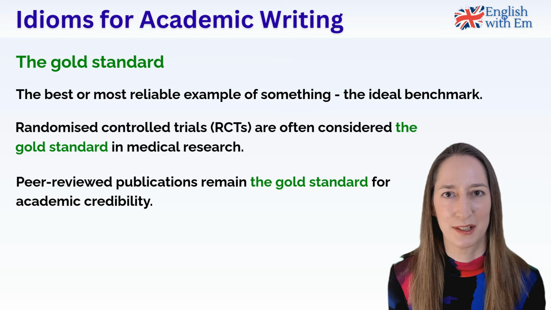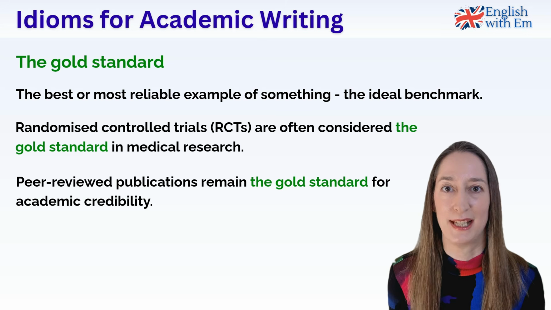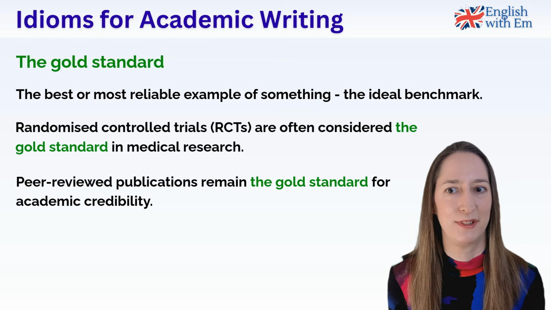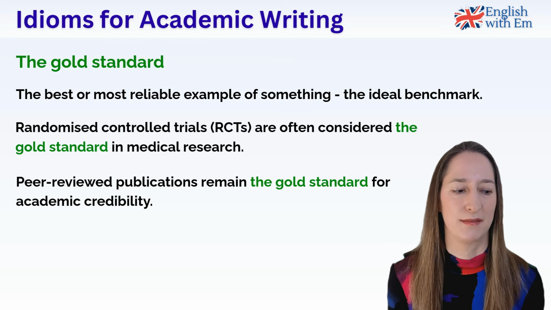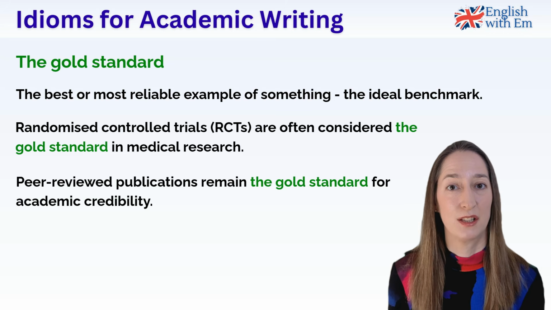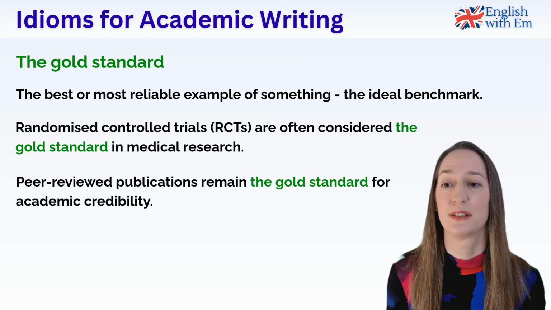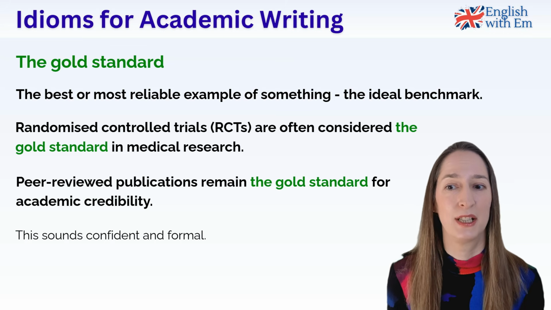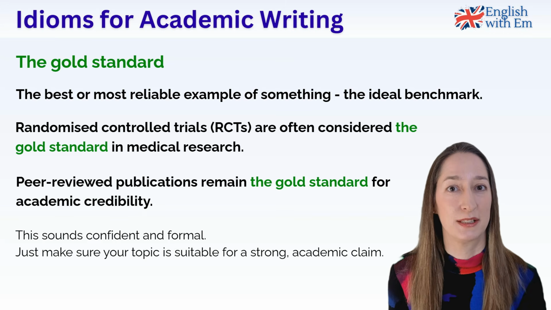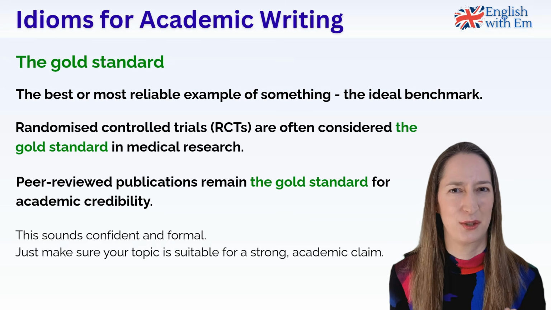So, anyone can publish a paper. If it hasn't been peer-reviewed, how do we know that we can trust it? Using the gold standard sounds confident and formal, but just make sure your topic is suitable for a strong academic claim. Make sure that you have evidence to back it up.